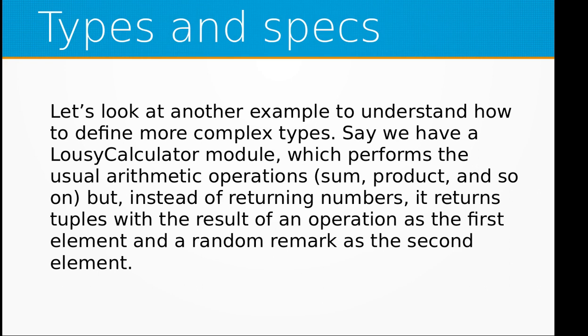Say we have a lousy calculator module which performs the usual arithmetic operations, sum, product, and so on, but instead of returning numbers, it returns tuples with the result of an operation as the first element and a random remark as the second element.